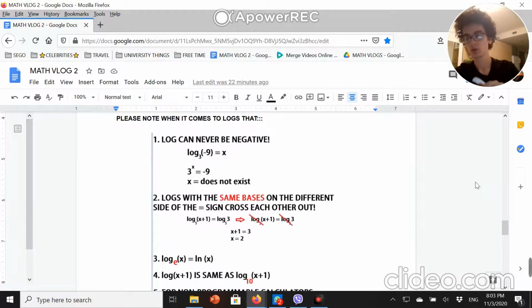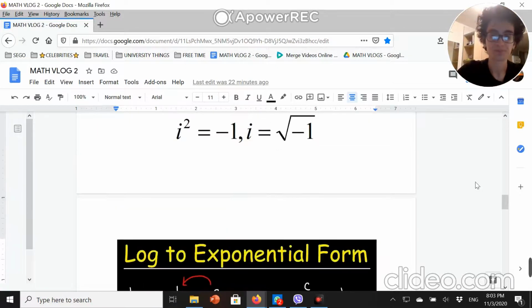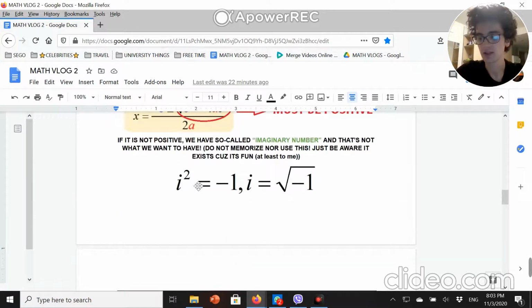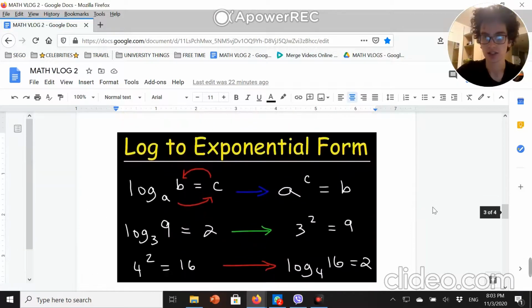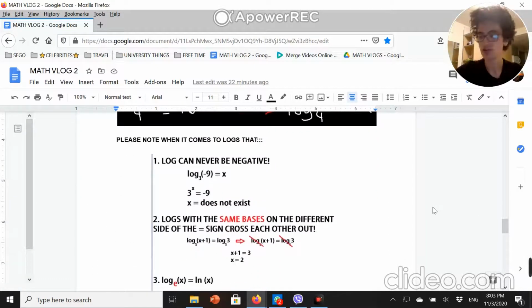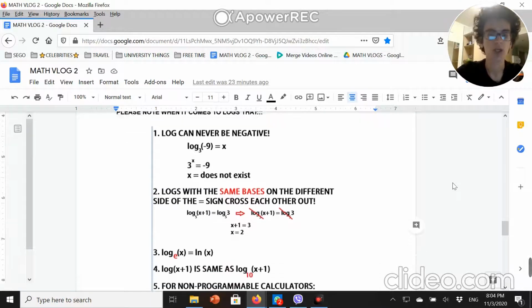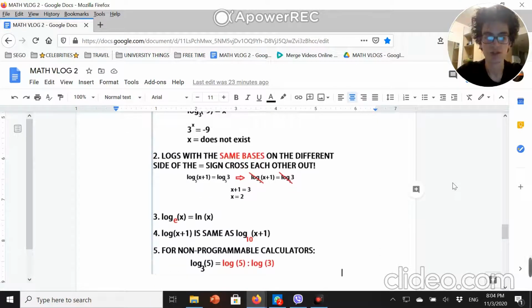If you remember what I just said, this would be an example of a number that does not exist, because there is no number that you can put instead of this x to get negative 9 out of positive 3. So in that case, x does not exist, and therefore this logarithm is not possible. So please be cautious about that.